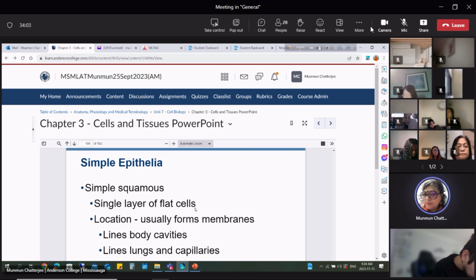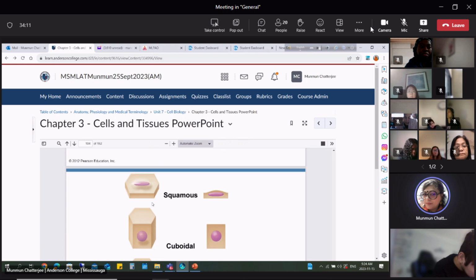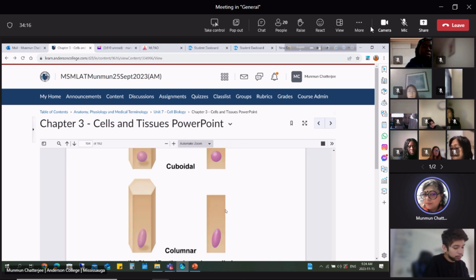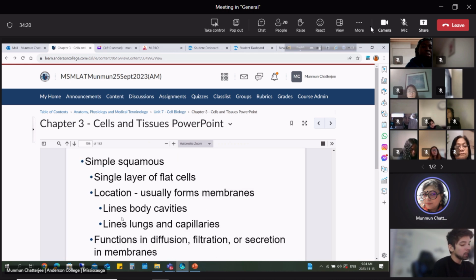Now, simple epithelia, what are those? Simple squamous. That means single squamous. Now, where is that? This is how it looks. Squamous, simple, when it is a single layer. Simple squamous cells: single layer of cells. Where are they found? They are found mainly in the body cavities, lines, lungs, and capillaries.